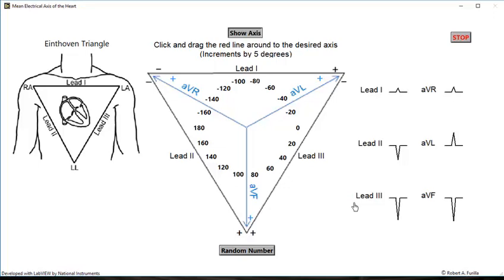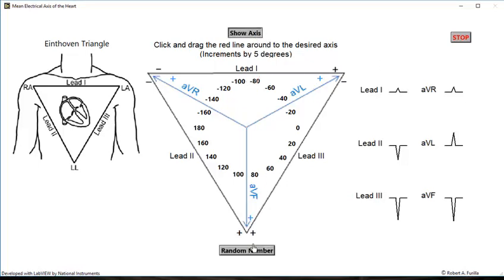Lead 3 is negatively deflected. So if it's perpendicular to AVR and parallel to lead 3, that would be minus 60. But it's not minus 90 or minus 60, it's somewhere in between here. Let's just look and see. Minus 77. So it's between minus 60 and minus 90. I would have estimated about minus 75, but it came out minus 77.